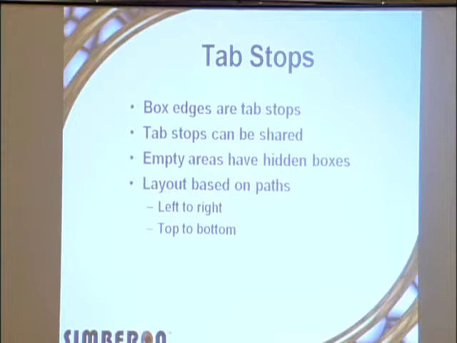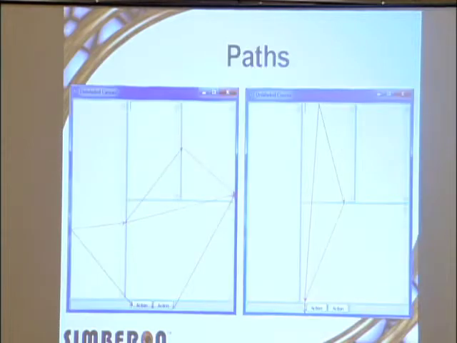The layout is now based on paths. Left to right paths and top to bottom paths. So basically, in the first diagram, I start at the left-hand edge and say, well, there's really only one control here. So I have one starting point. But then that control... I'm sorry, there are two controls here.